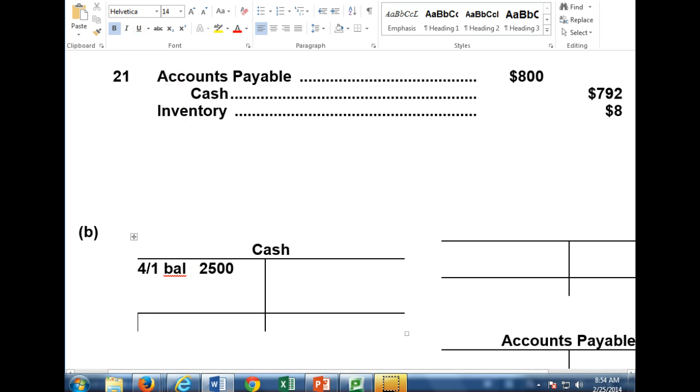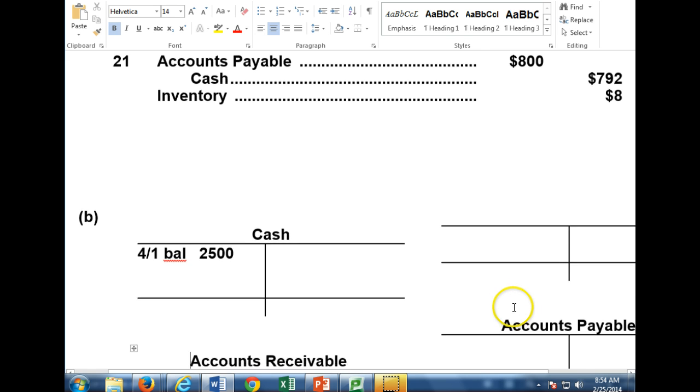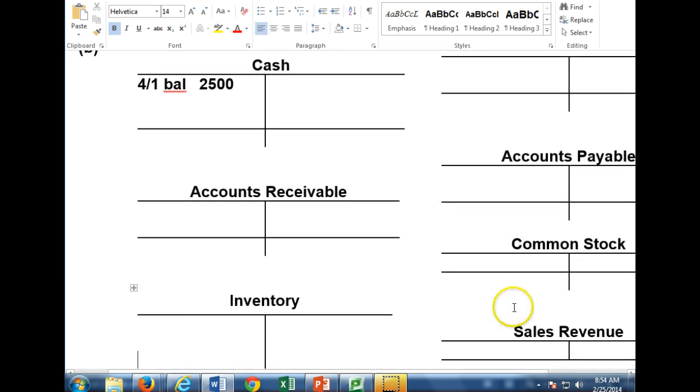Let's see here. Go down here to inventory 3500. Beginning balance. What else? Common stock 6000. Beginning balance.